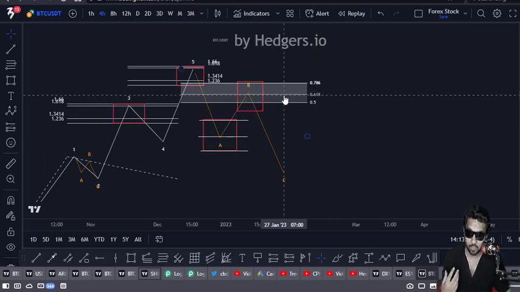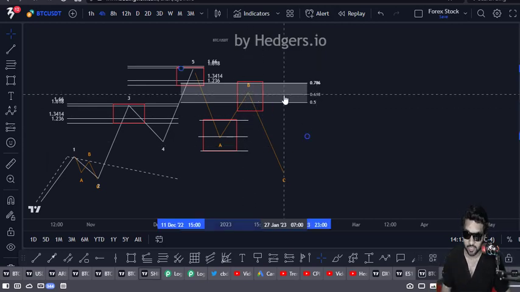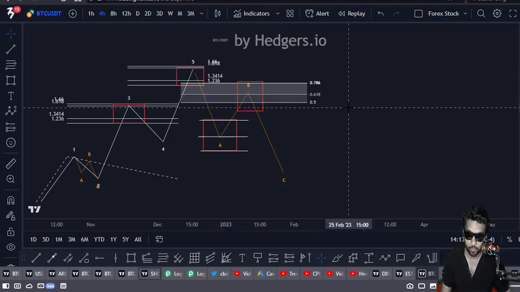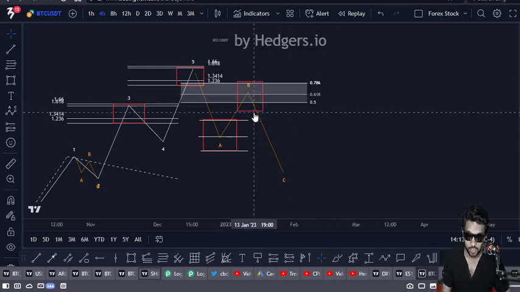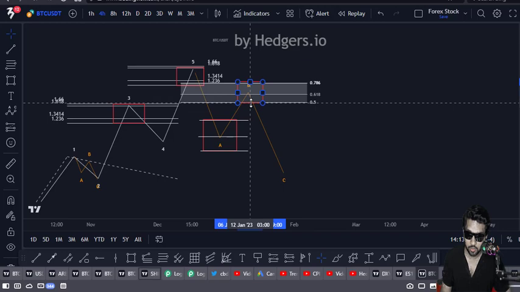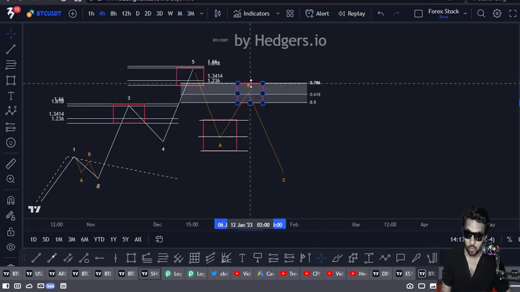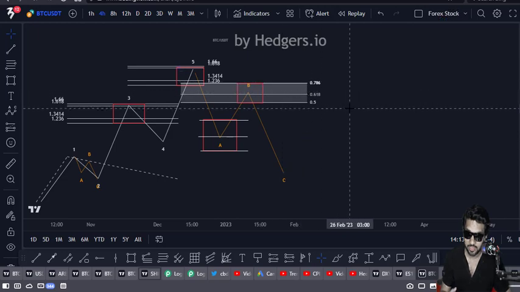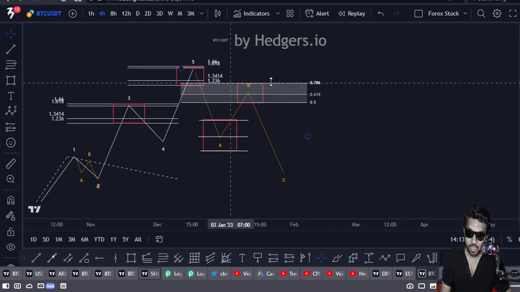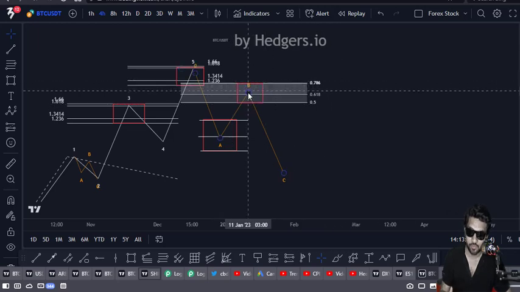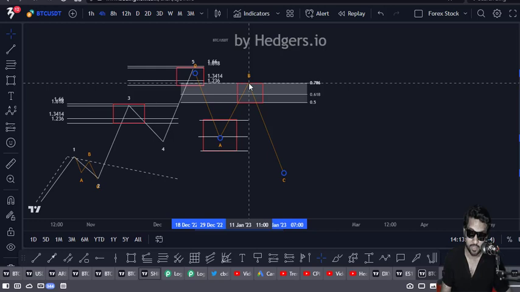So 618 and 0.66, but I'm just taking 618 right now for the simple explanation. You can take 618 and 66 as well for the golden ratio to understand that it is acting as a resistance. And 786, as I told you, most of the time it can go towards 786 as well.